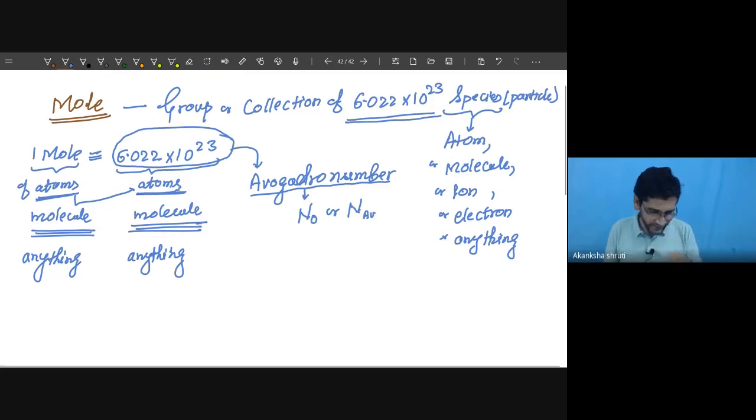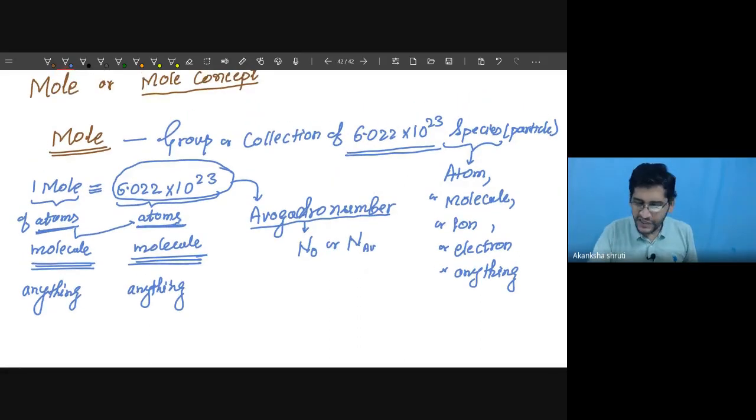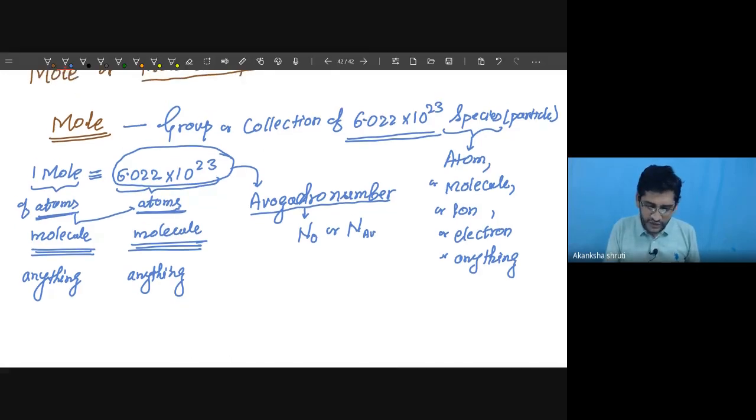So write everything. Mole simply means a collection of this much particle or species. These species could be atom, molecule, ion, or anything. Now this 6.022 into 10 to the power 23 is called Avogadro number.